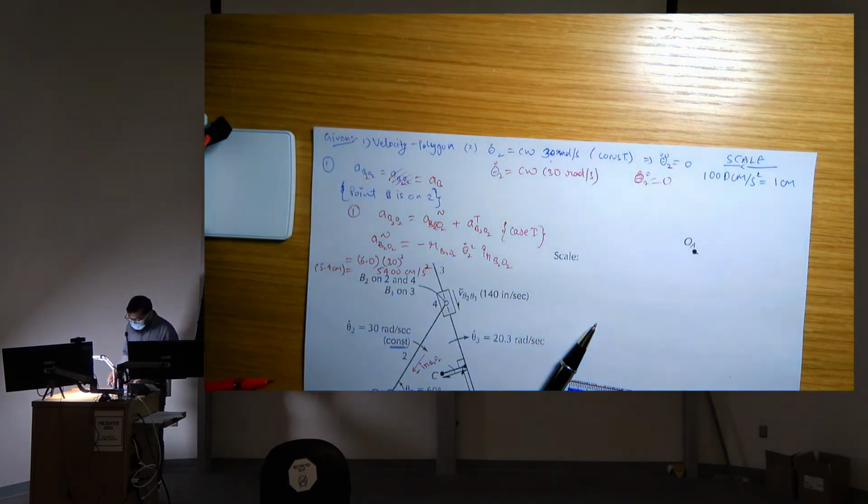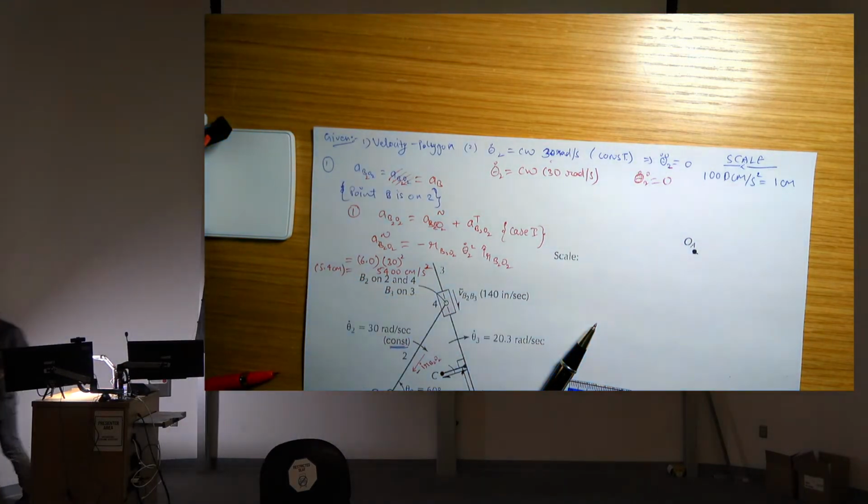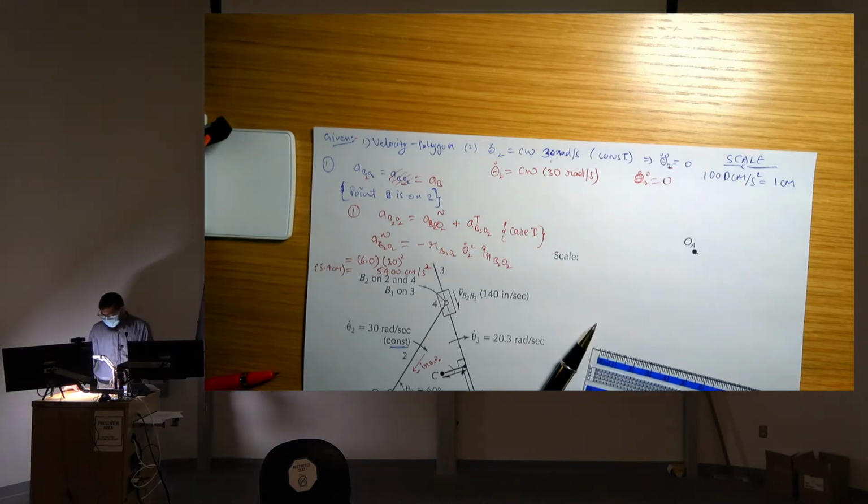We now know the direction and we know the magnitude. Now we have to place it over the acceleration polygon.